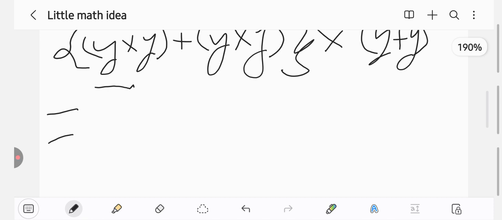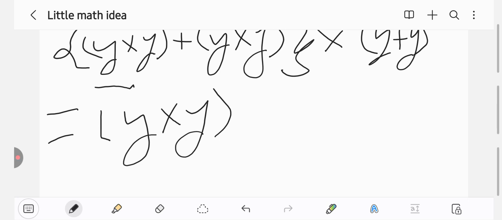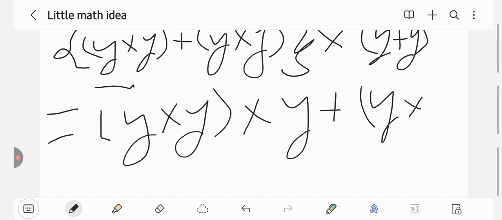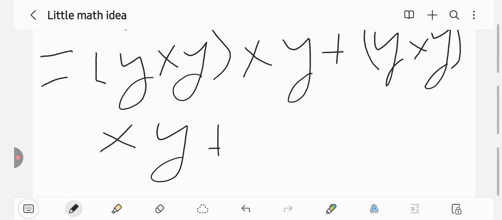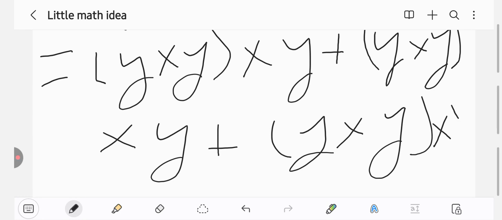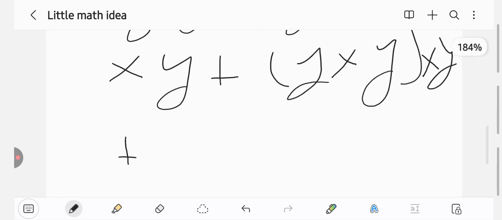So now you use FOIL. Now what you get is y times y plus y times y plus y times y, I just use the FOIL method here, times y plus y times y times y plus y y.